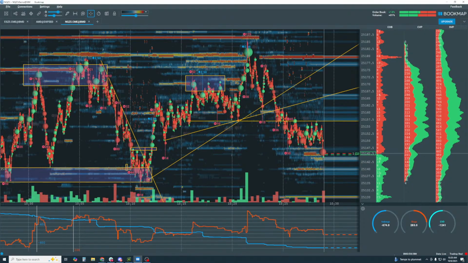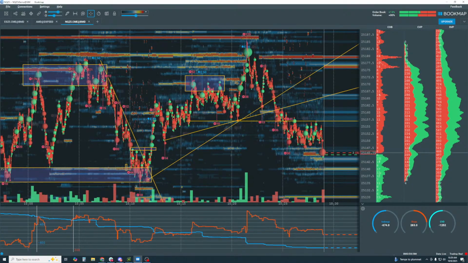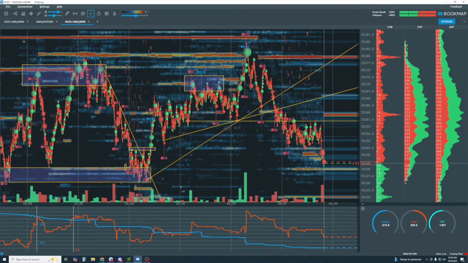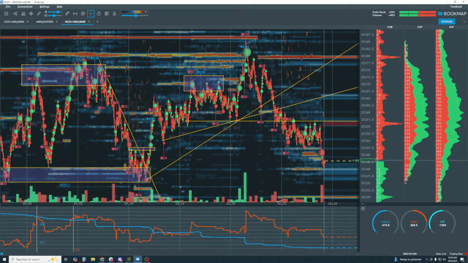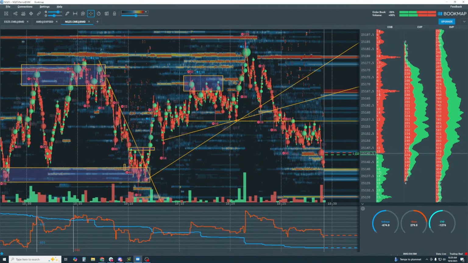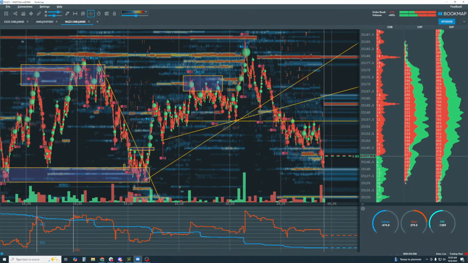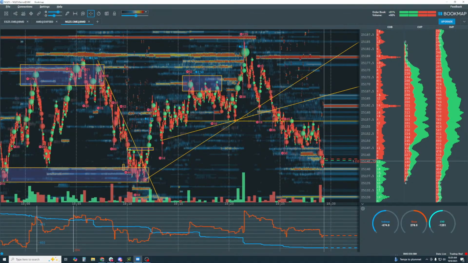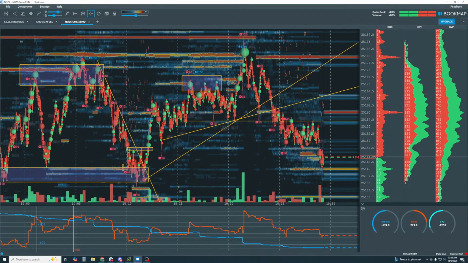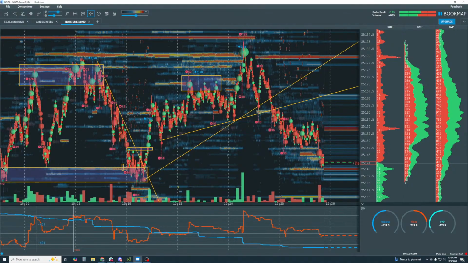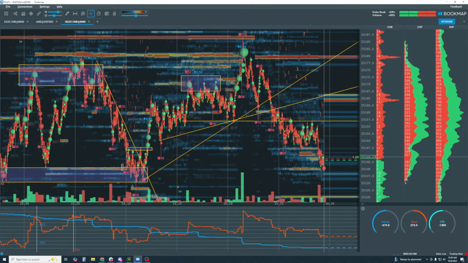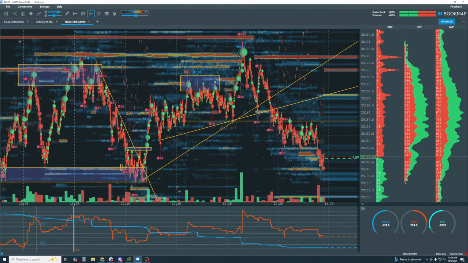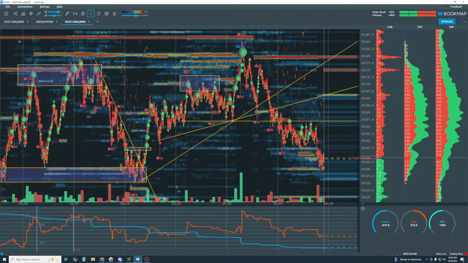Steve, you have a question. Could you use CME data in Bookmap to analyze order flow in U.S. stocks? Yeah, well, not CME data. The CME is the Chicago Mercantile Exchange and its futures, and the futures that are most popular from the CME are the stock indexes and the currency futures.